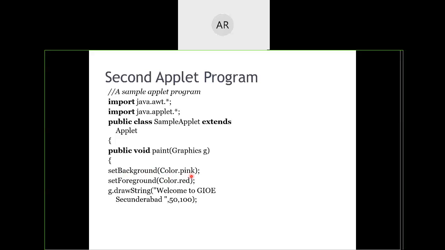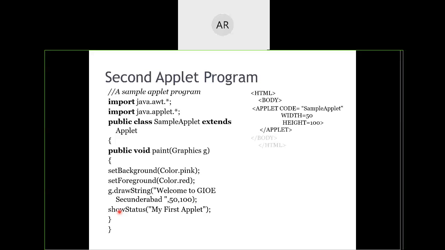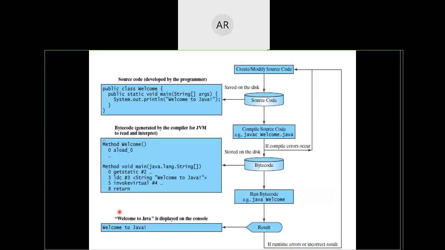Here pink is the color name, called a property, and Color is the class which contains this particular property. Now showStatus is also one of the functions present in Applet, which will be displayed in the bottom left corner of your web page. And this is how our second applet program is going to look.